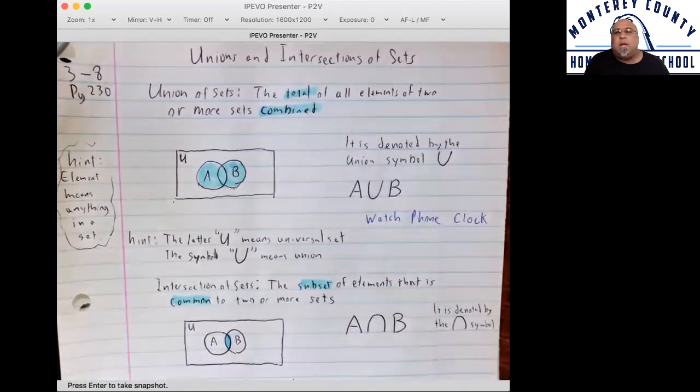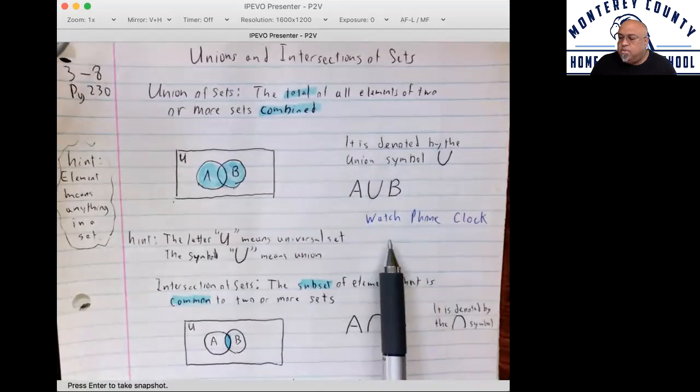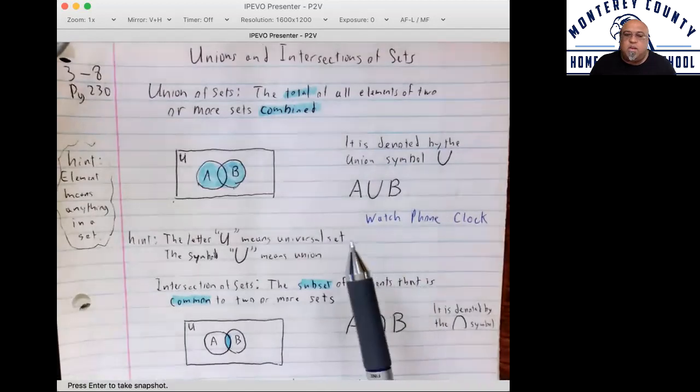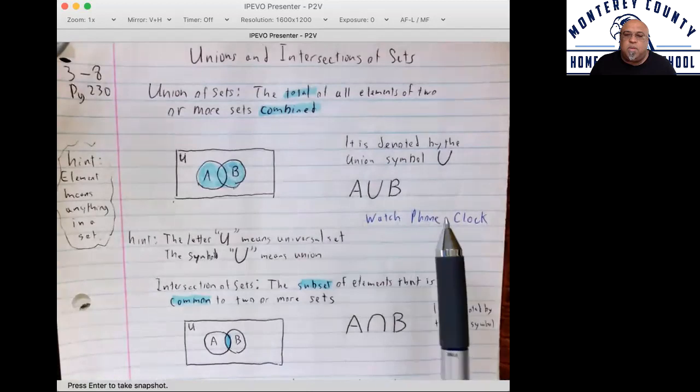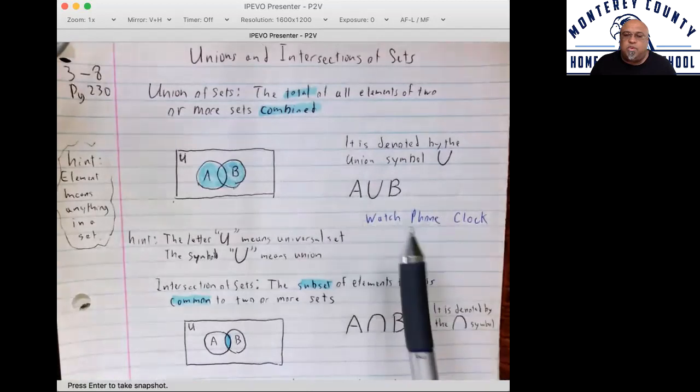Okay, now I'm just using these to show how sets work. The union of all of these sets is the fact that they all tell time. So if I said timekeeping devices, then I would include all of them, watches, phones, and clocks, in one set.